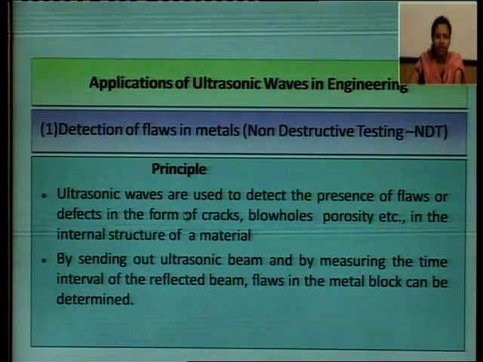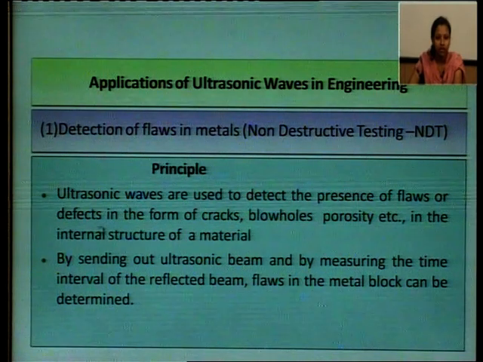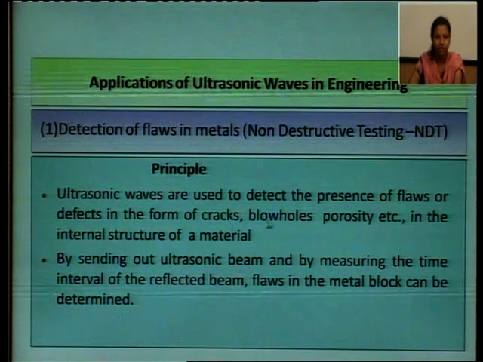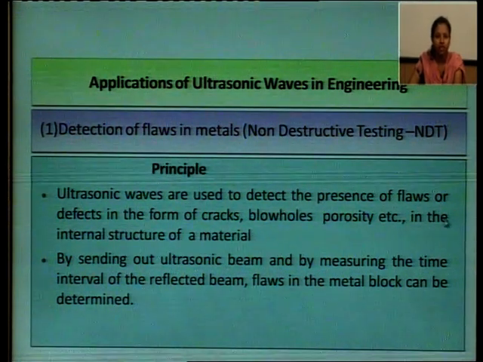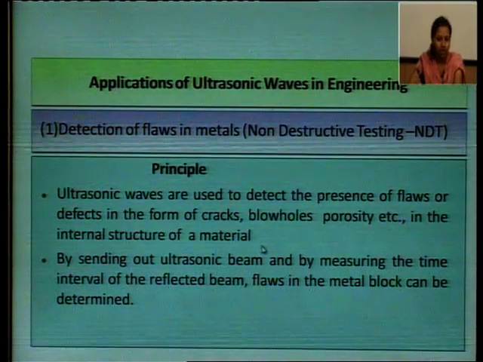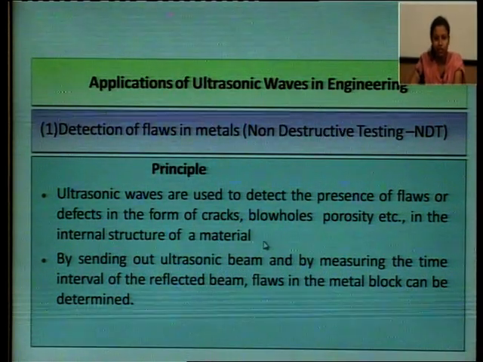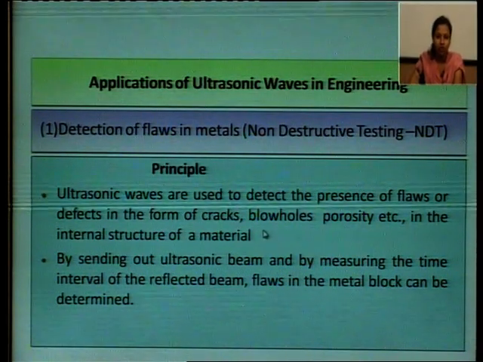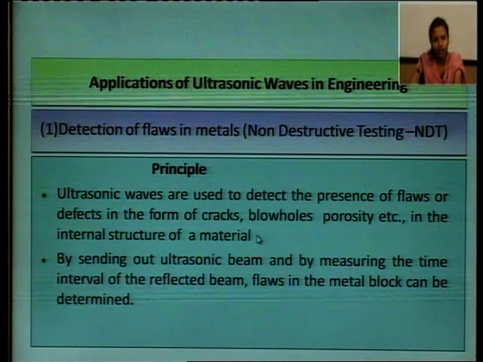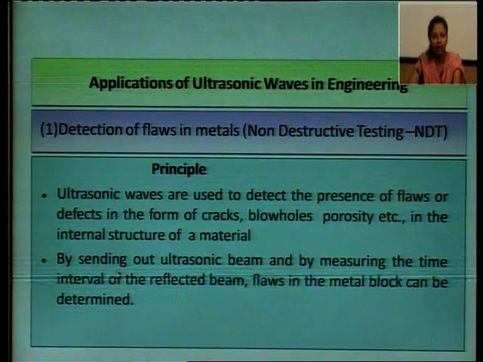Ultrasonic waves are used to detect the presence of flaws or defects in the form of cracks, blowholes, porosity etc. in the internal structure of the material, because ultrasonic waves can easily reflect and absorb. Depending upon that property, we can easily see what the main flaw in the metal is.